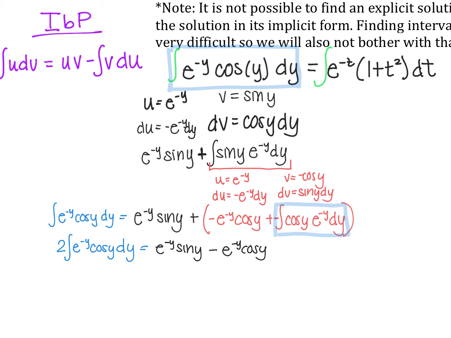And so then we get the integral of e to the negative y cos y dy equals e to the negative y sine y minus e to the negative y cos y over 2. How fun is that? Because we've done the left side.